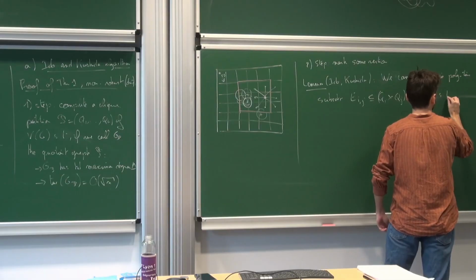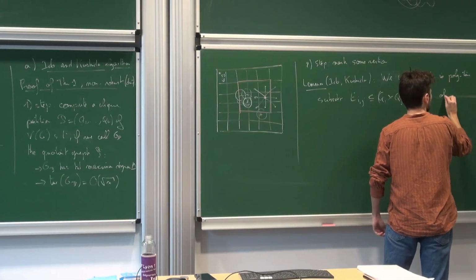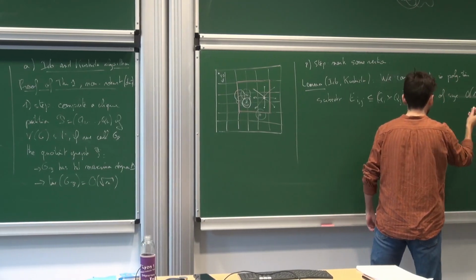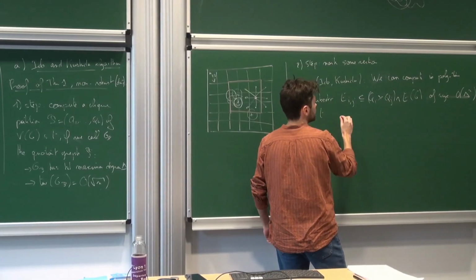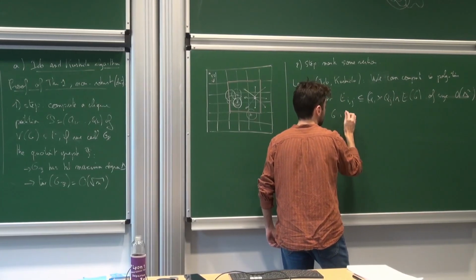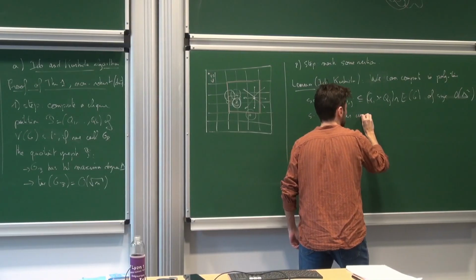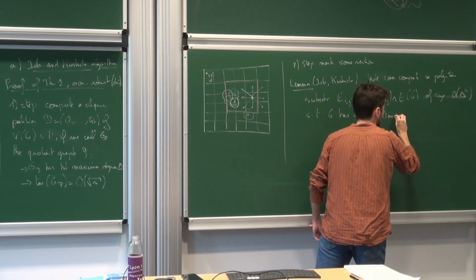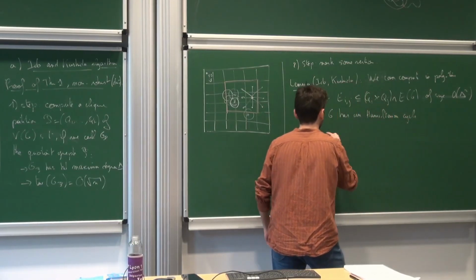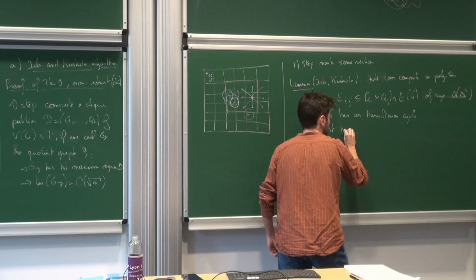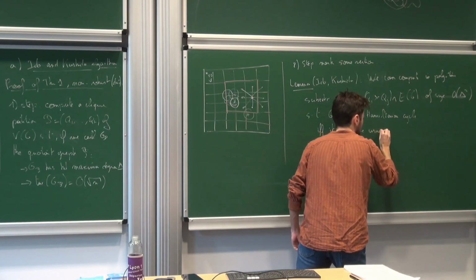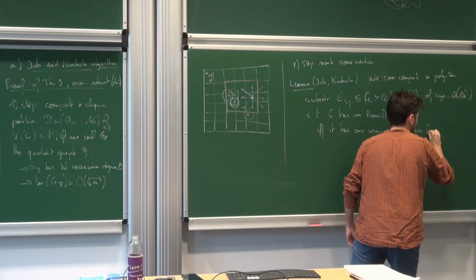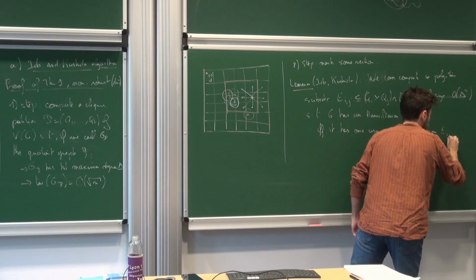such that the size is constant. So in practice, it will be big O of delta square, so constant in our case, such that G has a Hamiltonian cycle if and only if it has one using only edges from Eij between cliques.